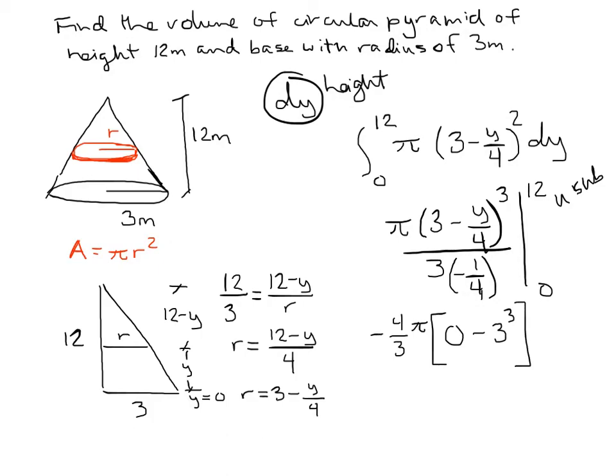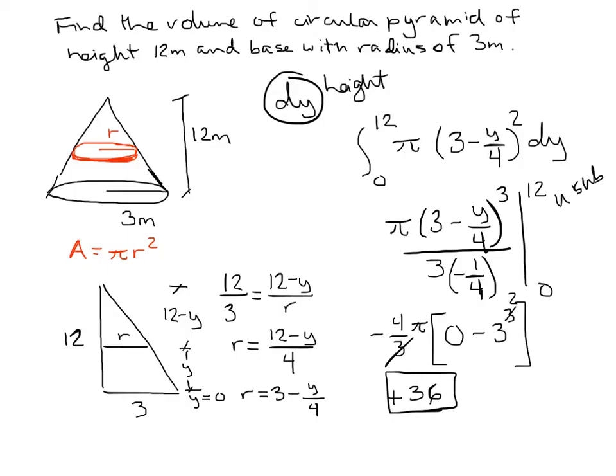Negative times negative is a positive. So positive, which is good. We're finding volume here. If we came up with a negative answer, then something's got to be off. One of the 3's will cancel. And 3 squared is 9, and 9 times 4 would be 36.